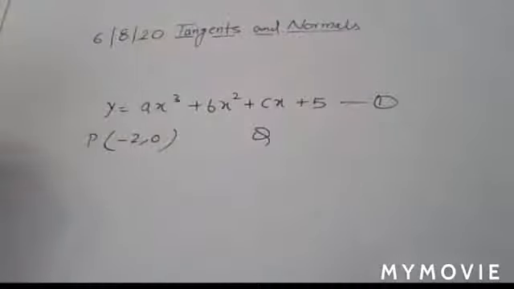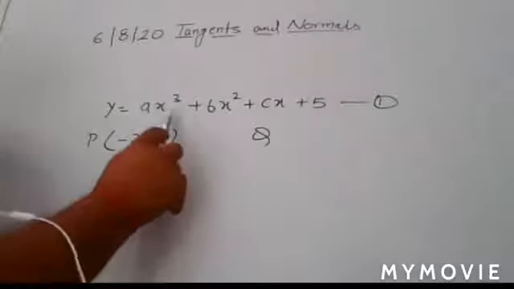Gradient means slope, that is, at the point Q where the curve intersects the y-axis, the slope is 3. Find the equation of the curve completely.